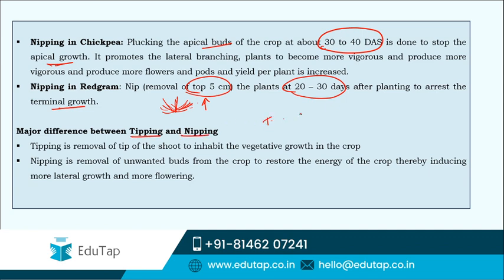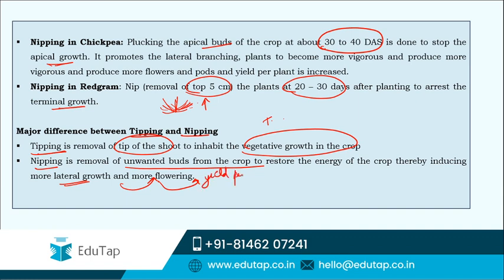So what is the major difference between tipping and nipping? We have seen topping, nipping, tipping. Tipping is generally removal of the tip of the shoot to inhibit the vegetative growth in the crop, and nipping is removal of unwanted buds from the crop so that the energy of the crop is restored, thereby the energy can be diverted to inducing more lateral growth, thereby more flowering, thereby more yield per plant. So the operations are almost similar, but the objective is different.